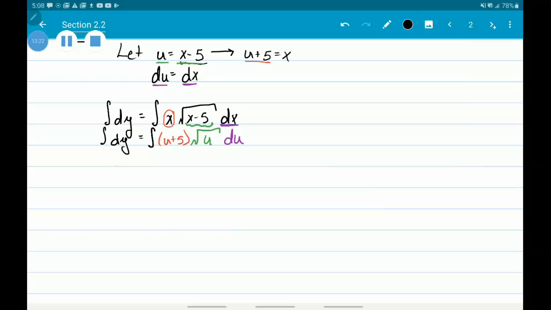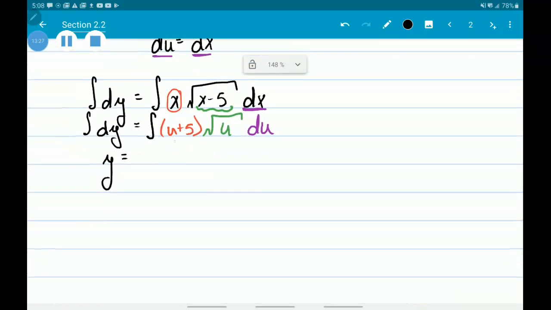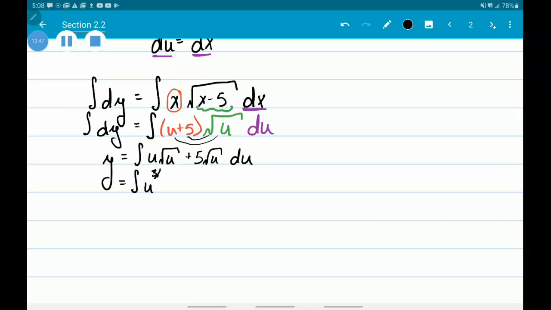So if we integrate dy, we're going to get y. So now let's deal with this right-hand side. We can distribute the square root of u to both of these pieces. So this would be u square root of u plus 5 square root of u times du. And we could rewrite this. This is really u to the 3/2 power plus 5 u to the 1/2 power.